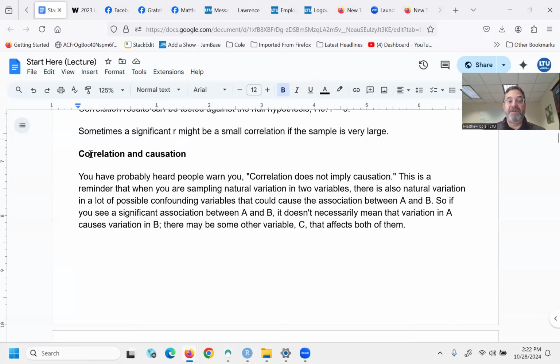Now, just something briefly on correlation and causation. You have probably heard people warn you, correlation does not imply causation.